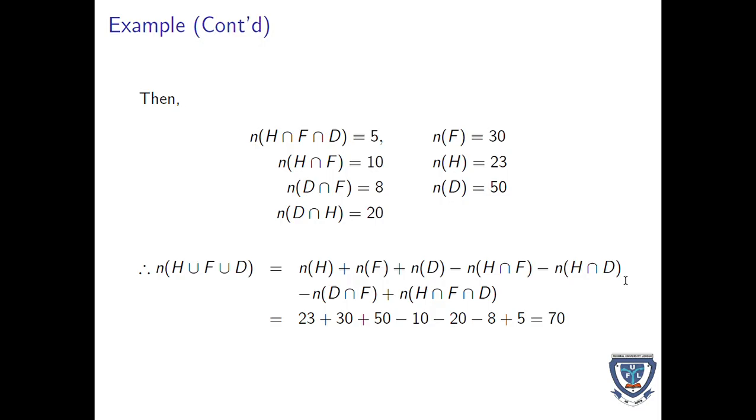This is the given information. Now you apply De Morgan's law again to get the number of H union F union D. And when you do the substitutions properly, you're going to get 70.